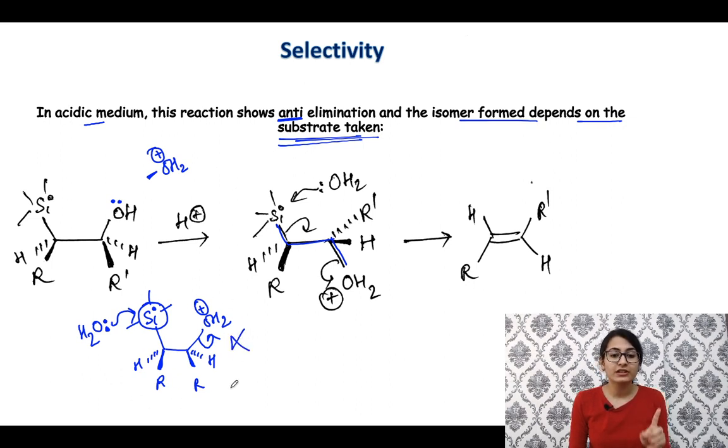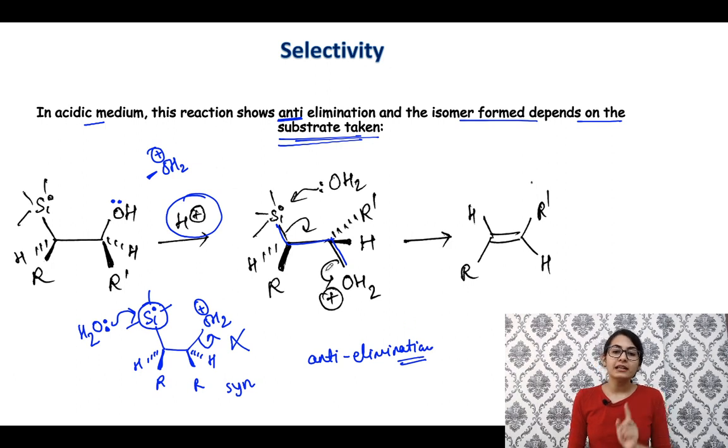The syn position, or the syn periplanar adjustment, is not going to be favored because of a lot of steric hindrance on the same side. That is why they are going to rotate, and the hydronium ion comes on the opposite side as compared to the silicon, which is going to be attacked by water. That is why in the acidic medium the anti-periplanar position is always achieved by the molecule. That is why it is anti-elimination.